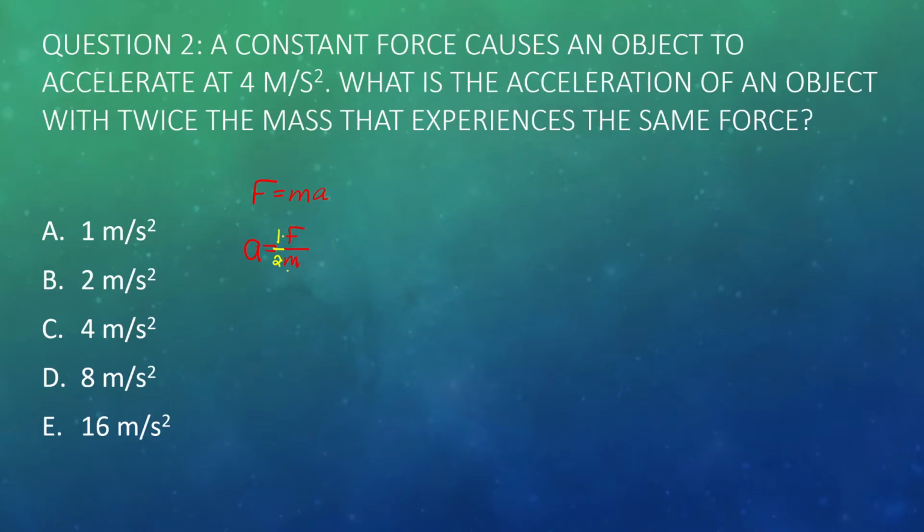We're doubling the mass. So our acceleration is going to change by a factor of 1/2. In other words, if we started out with 4 meters per second squared, we would end up with an answer of 2 meters per second squared. And again, this holds true to our idea that if you increase the mass, you're going to decrease the acceleration.